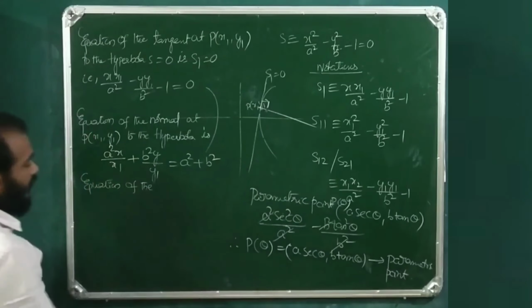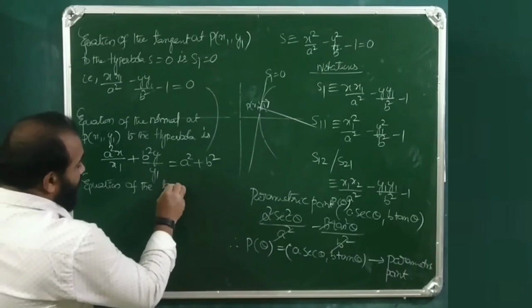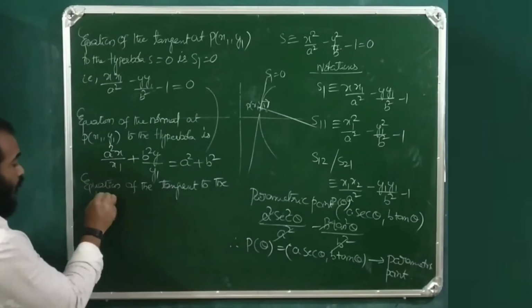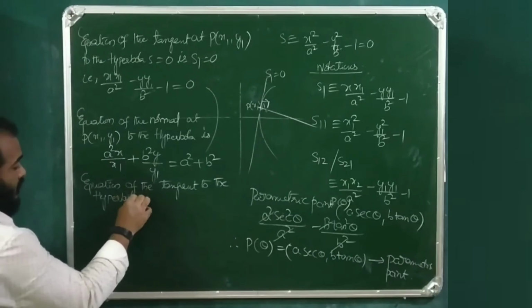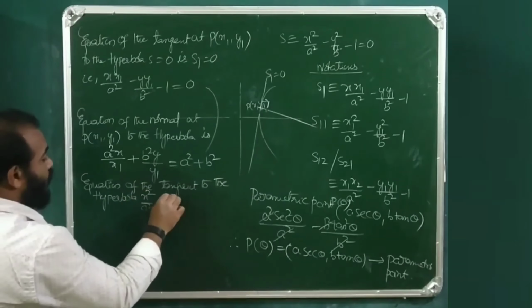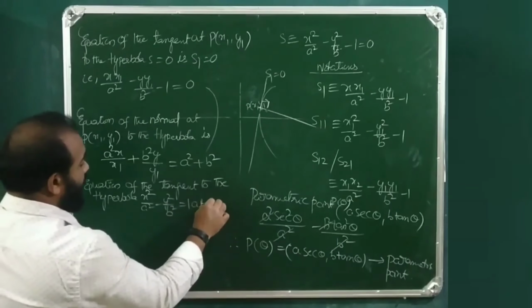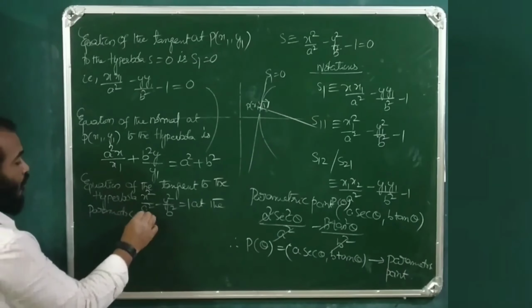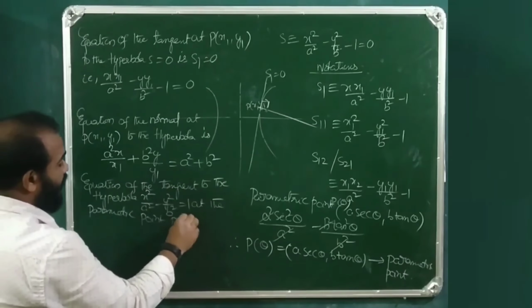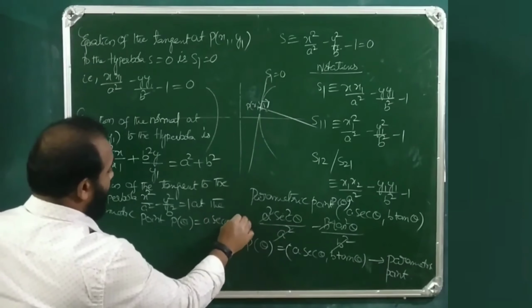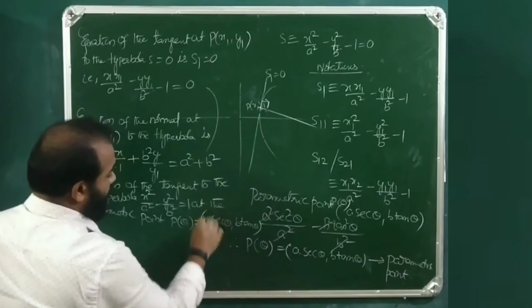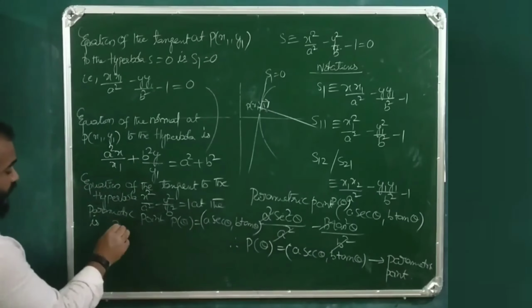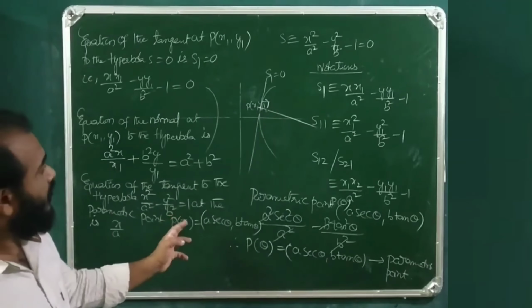The equation of the tangent to the hyperbola x square by a square minus y square by b square equals 1 at the parametric point P(theta), which is (a secant theta, b tan theta), is S1 equals 0.